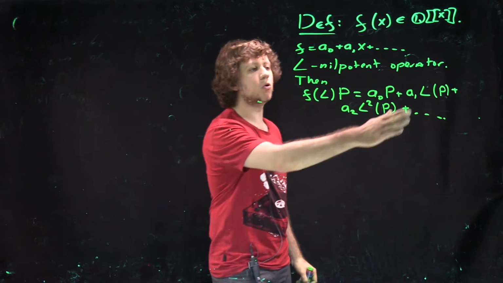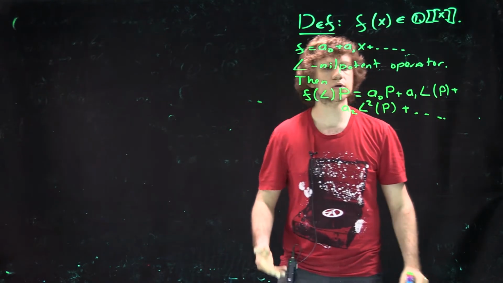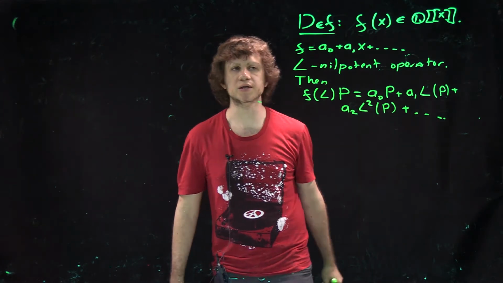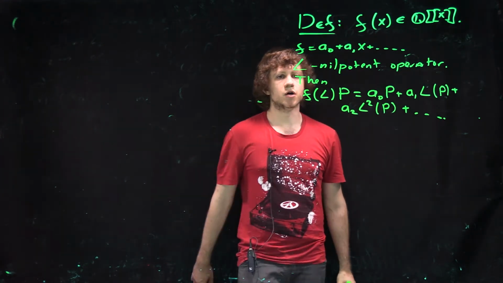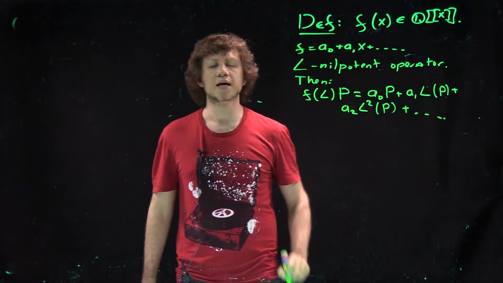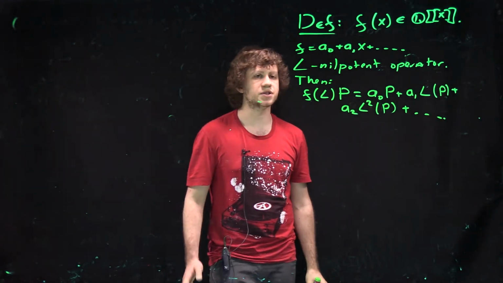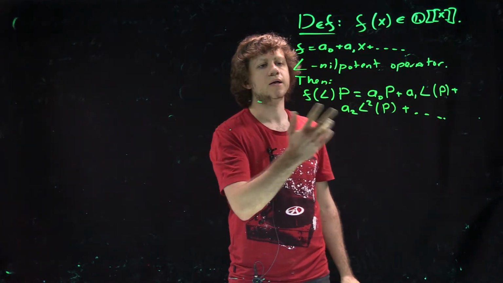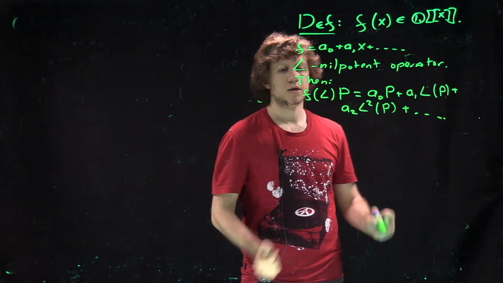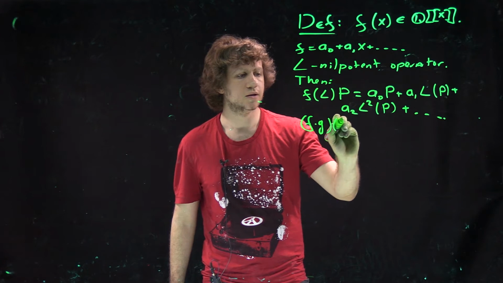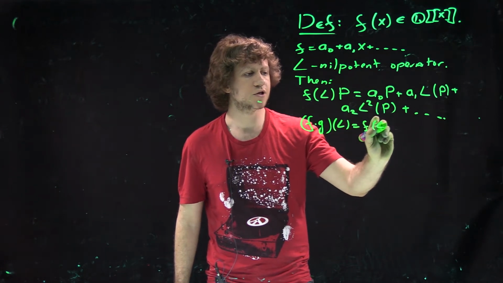And this expression always equals 0 somewhere, because at some moment, L to some power applied to P is 0. So this is the definition, and it has all the usual properties you expect. For instance, if you take a product of power series and plug in L, you will get (f times g)(L) equals f(L) times g(L), and so on.